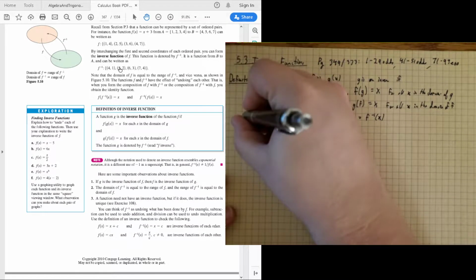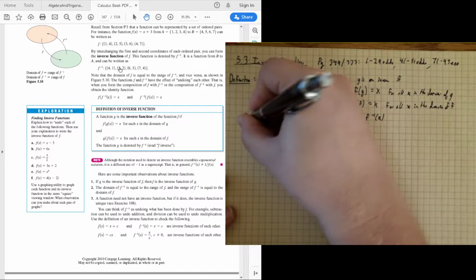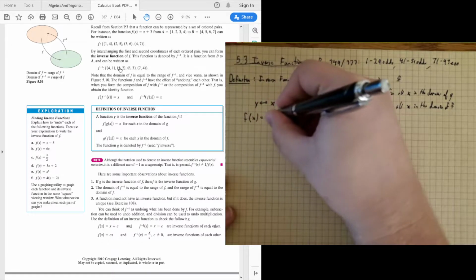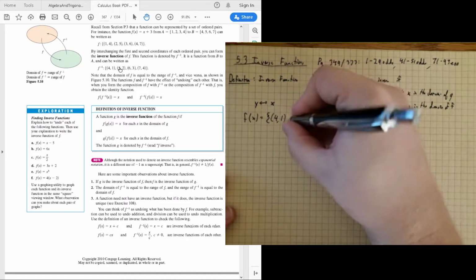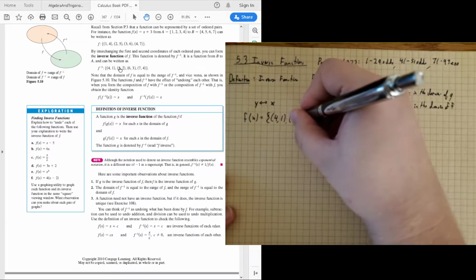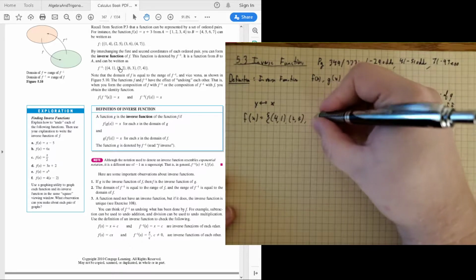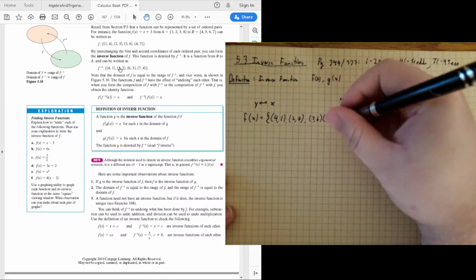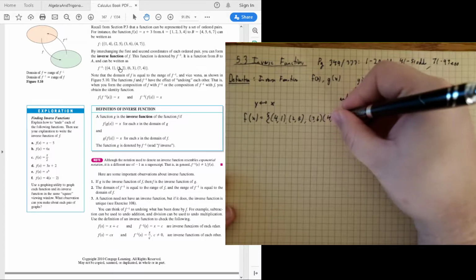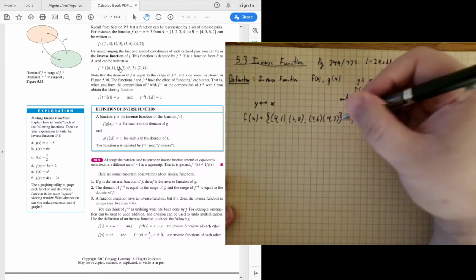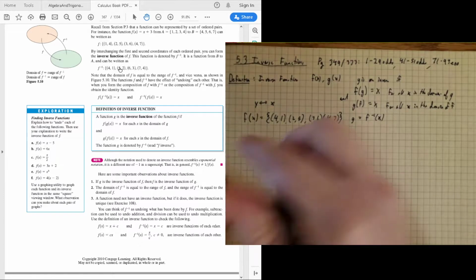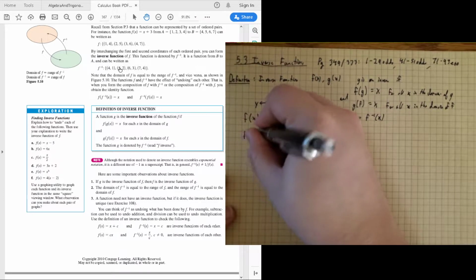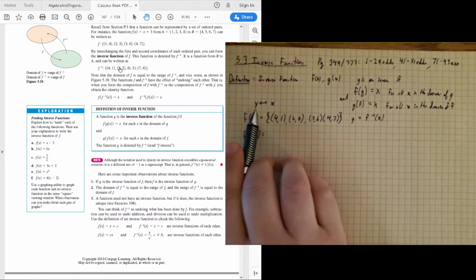Or, if you look up above, there's a good little definition of this, right here. If you have, for example, f of x equal to the points 4, 1, 2, 5, 3, 6, and 4, 7, then f inverse would be a function which does the opposite.